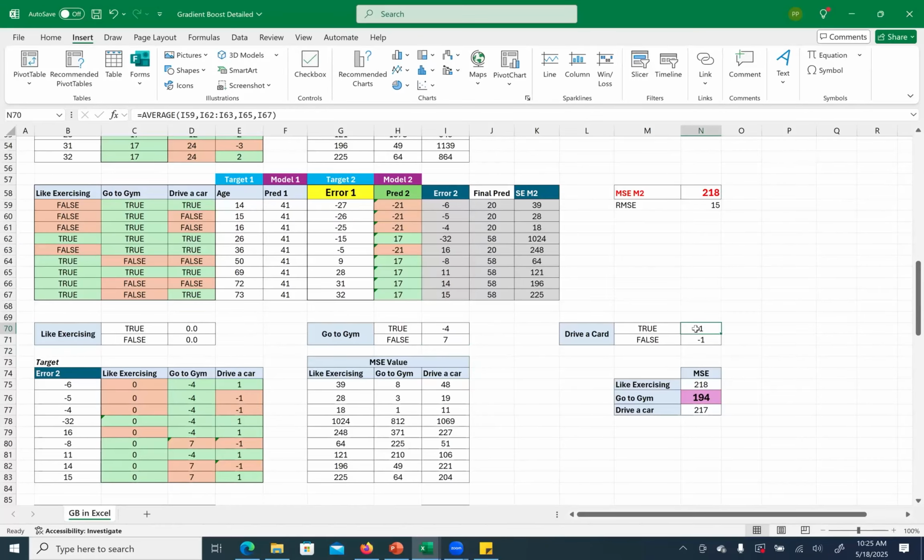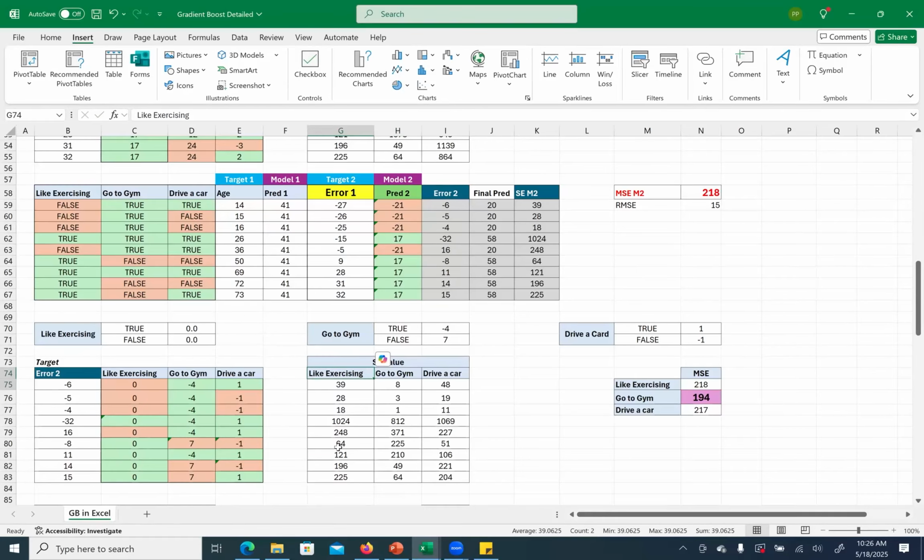Similarly, for drive a car. Now what I will do is put the averages here. This is my prediction. These averages are nothing but my prediction.